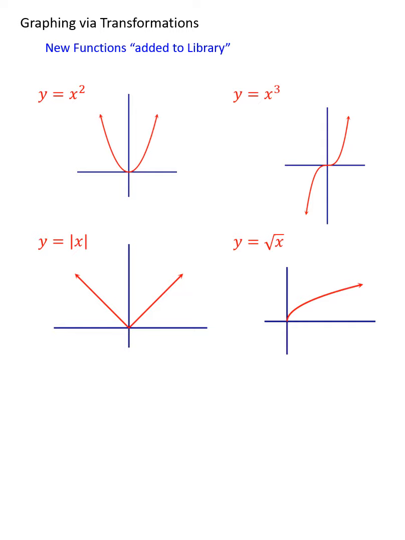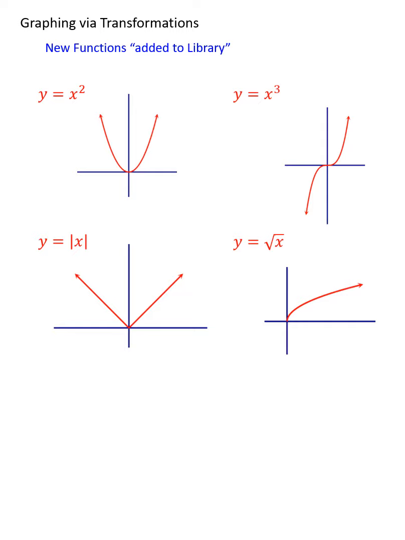So now that we've looked at several examples that have multiple transformations, let's go back to our library and talk about adding new functions to the library. As I mentioned earlier, we could create a library of dozens of functions, including logarithms and trigonometric functions and anything we wanted to put in our library.